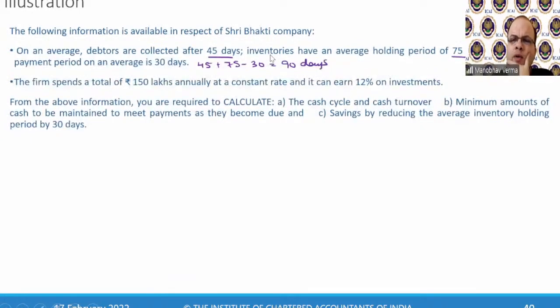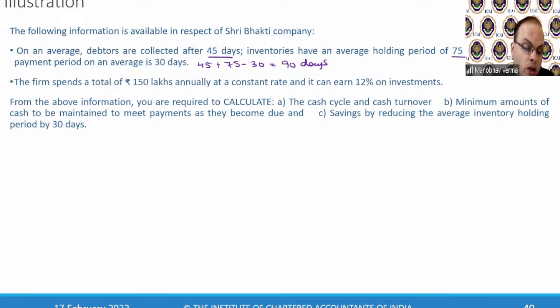This is the cash cycle, but what is the cash turnover? What do you mean by cash turnover, guys? Can anyone tell me? Okay, I'm getting a response from Sandeep.